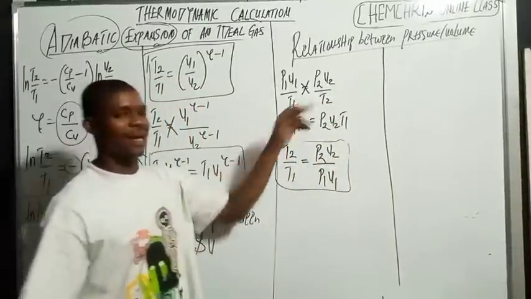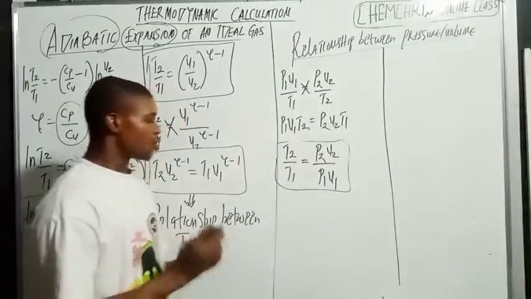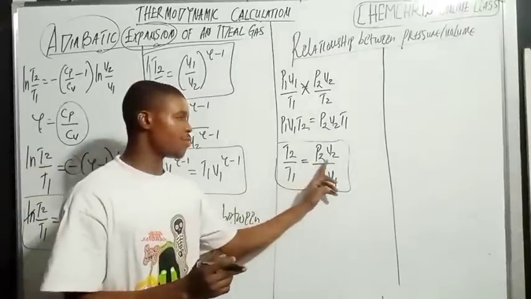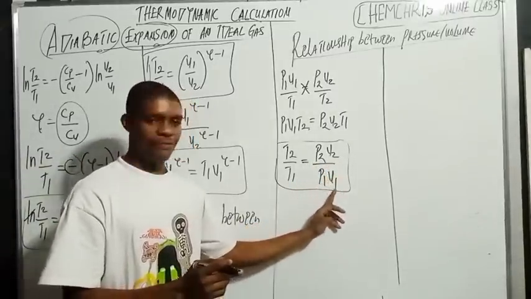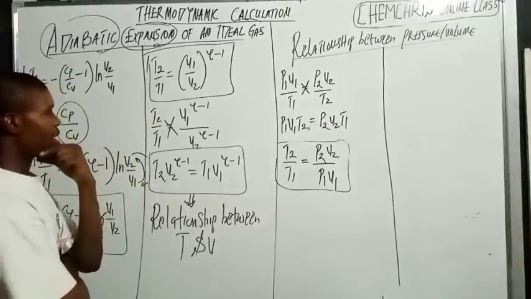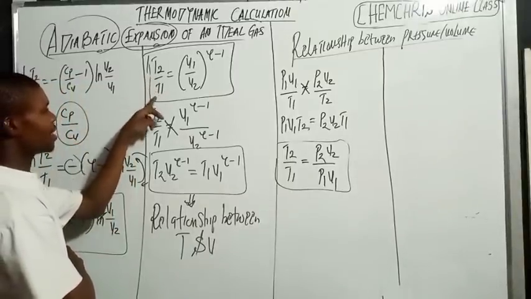This is called the general gas equation. So T2 over T1 equals P2 V2 over P1 V1. Remember, we have this formula here, T2 over T1 equals the whole of this one.